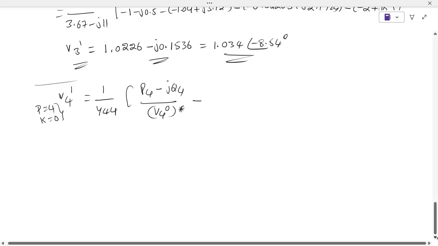minus the summation Q is equal to 1 to P minus 1, that is 4 minus 1, that is 3, YPQ VQ (K plus 1), that is 0 plus 1 1. Another term is Q is equal to P plus 1: P is equal to 4, 4 plus 1 is 5, that does not exist because the total number of buses is 4 only.